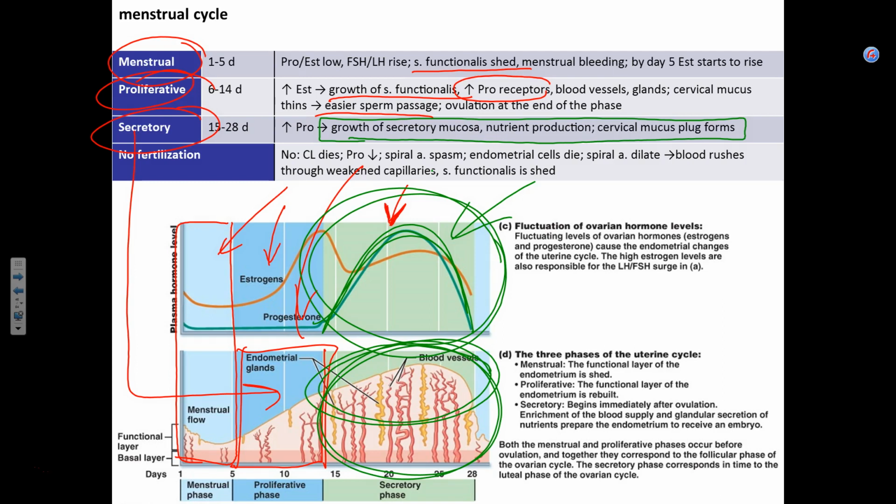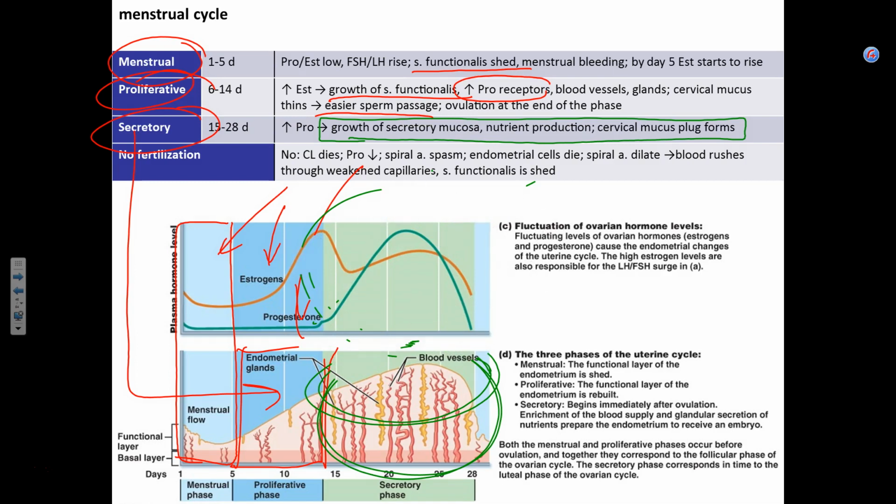Estrogen, progesterone. Yes, let's focus on progesterone. Progesterone produced by corpus luteum, I'm going to put it in the dashed line, okay? It will stay flat, right?